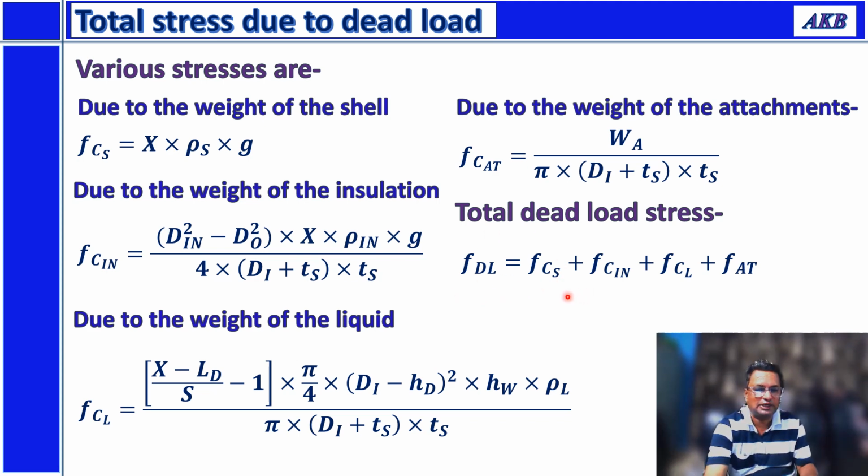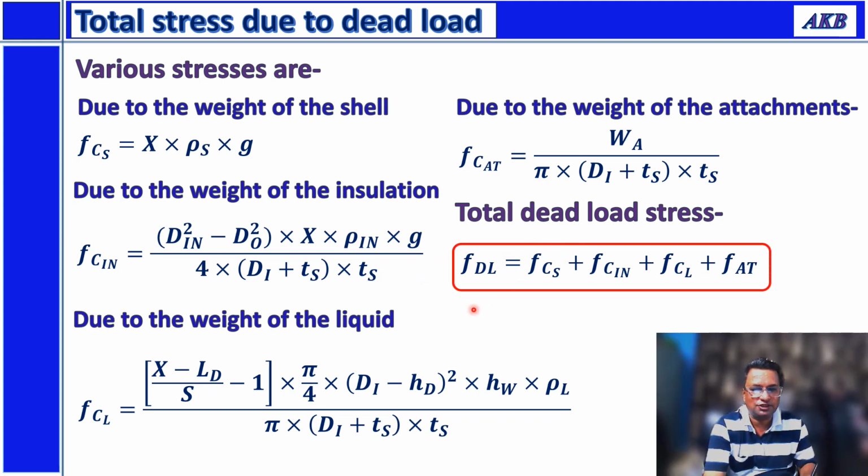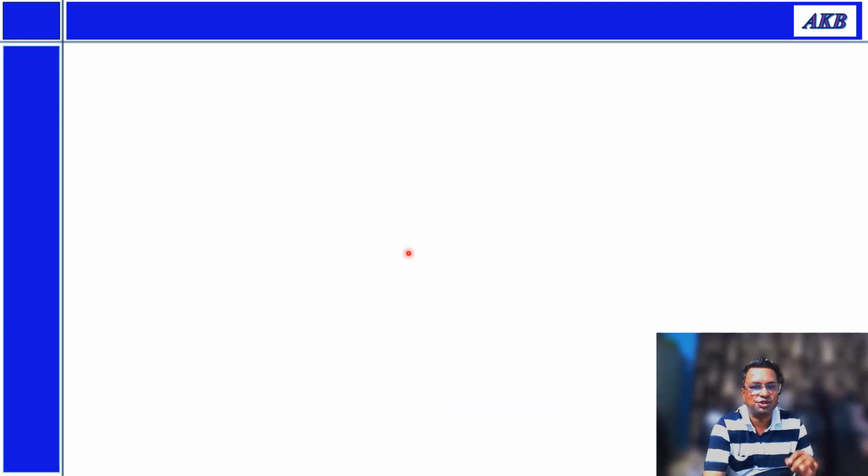So in this way, at the end of this discussion, now we know how to get expressions for stresses that will be induced in the wall of the shell due to various dead loads. So with this, I end my discussion on the stresses induced due to various dead loads associated with a typical tray column.